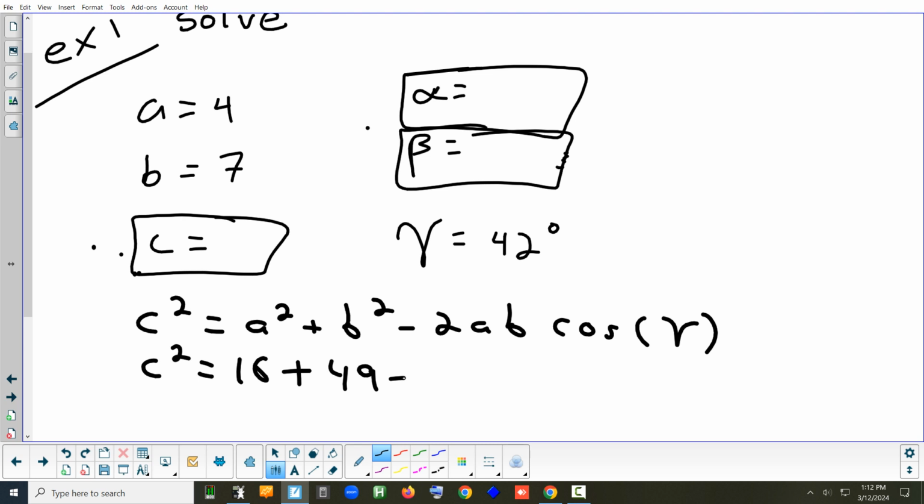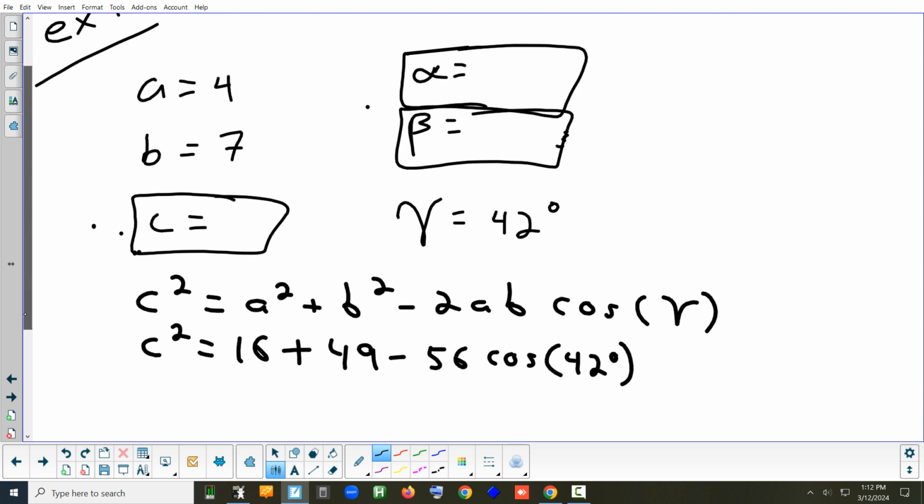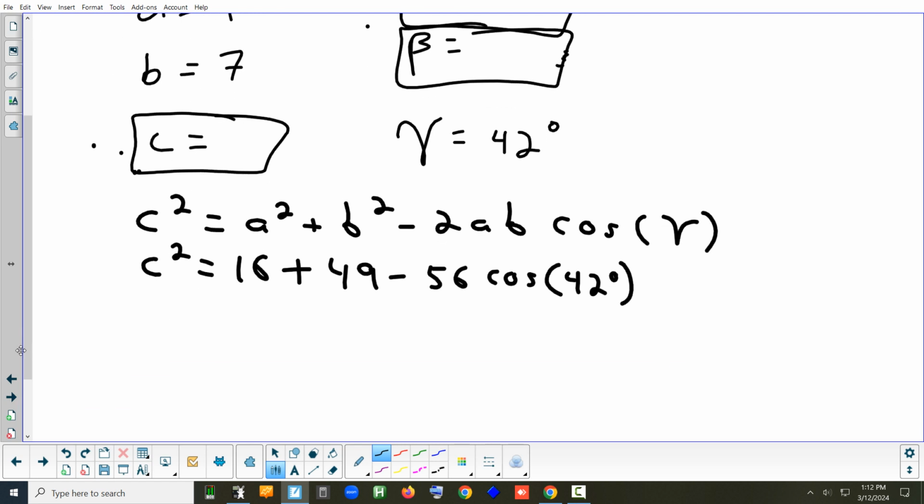What's 2 times 4? 8 times 7, so 56. Cosine, and we know gamma, 42. There's really only one more step that we're going to do by hand. What can I do on the right-hand side just to simplify what I have a little bit?